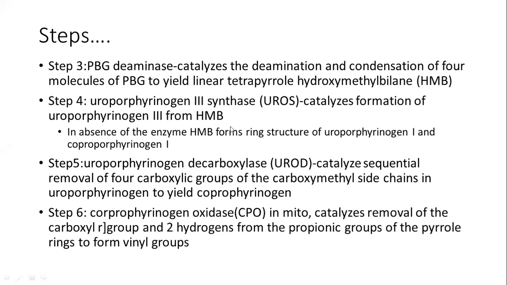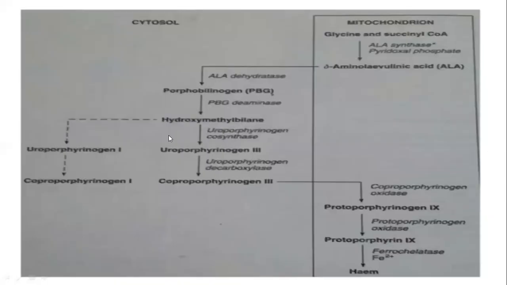So the absence of this enzyme causes HMB to be converted into uroporphyrinogen I and subsequently into coproporphyrinogen I, right? If you don't have that enzyme, you are unable to convert HMB into uroporphyrinogen III. And as I said, this enzyme is important in the sense that its absence causes the porphyrias that we talk about.